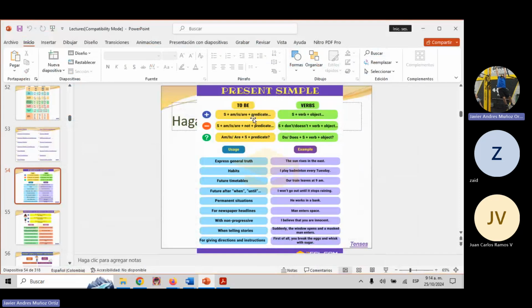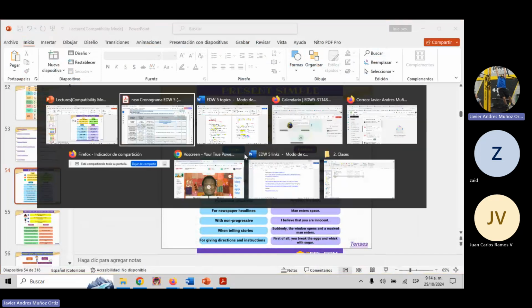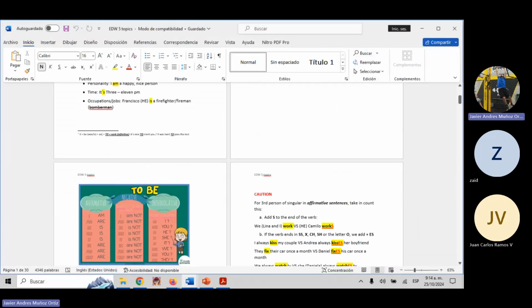The first part is the verb to be, and the second part is the management of other verbs like create, enjoy, live, study, and so on. So we have two sides of the same coin. Just for methodology, we study the verb to be on the one hand, and on the other hand, we study the management of other kinds of verbs. But it's part of the same coin.